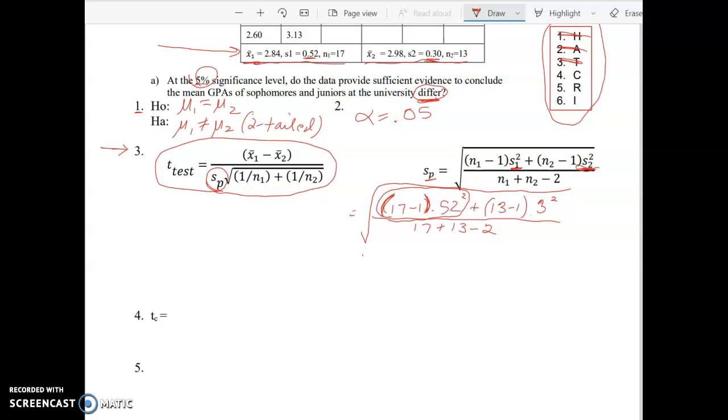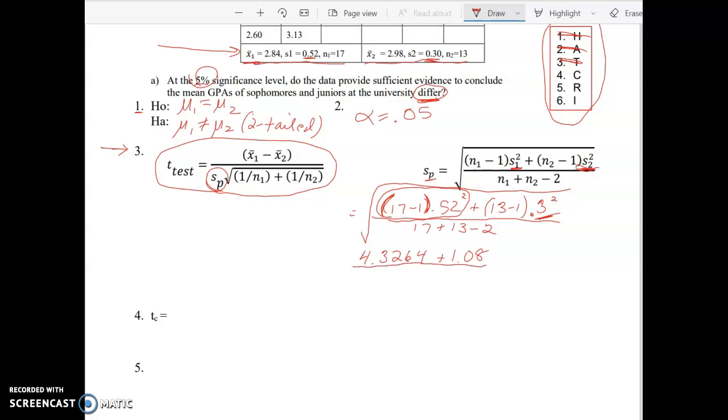So 0.52 squared times 16 equals 4.3264. And then 0.3 squared times 12 is 1.08. So those are the two top numbers.